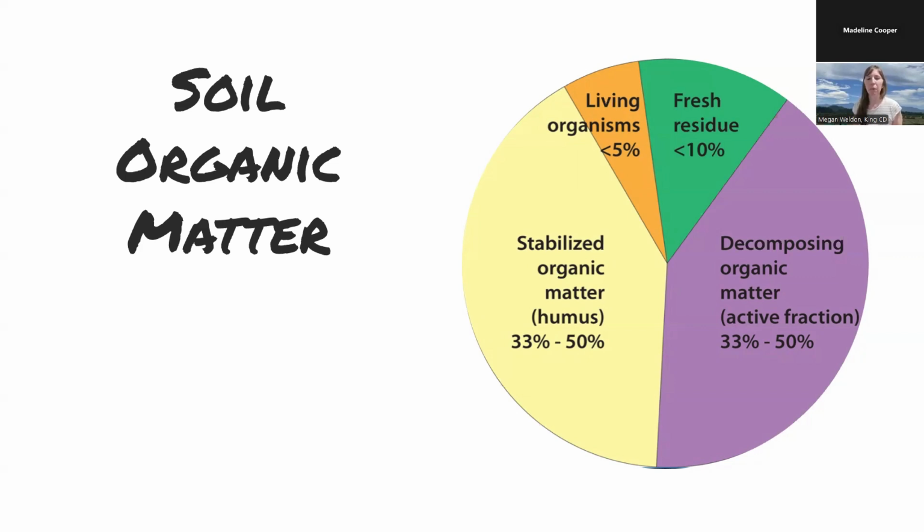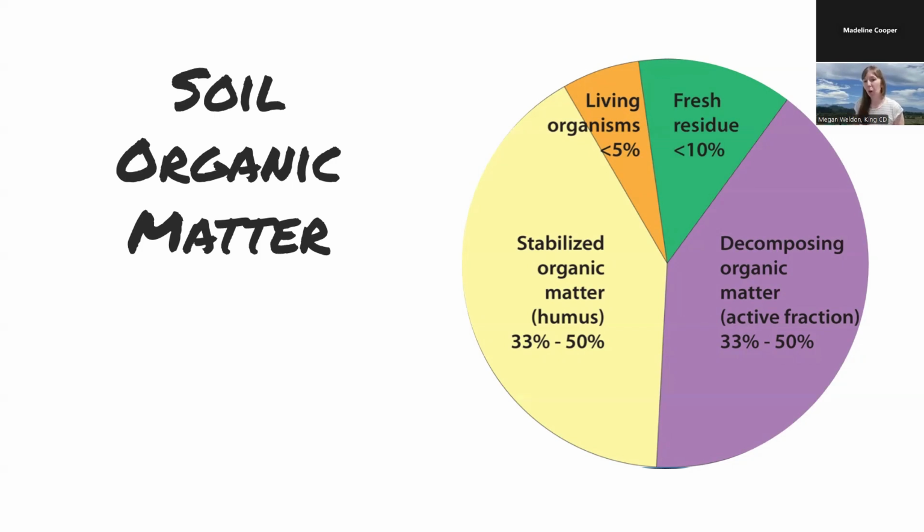And that's going to be your decomposing organic matter. Or also like grass clippings is a great example of that when you mow your lawn in the summertime. Once the microbes and everything have broken that organic matter down, they've now integrated it into the soil profile and broken it down into its basic elements to be used for plant absorption. And that's going to be your stabilized organic matter.